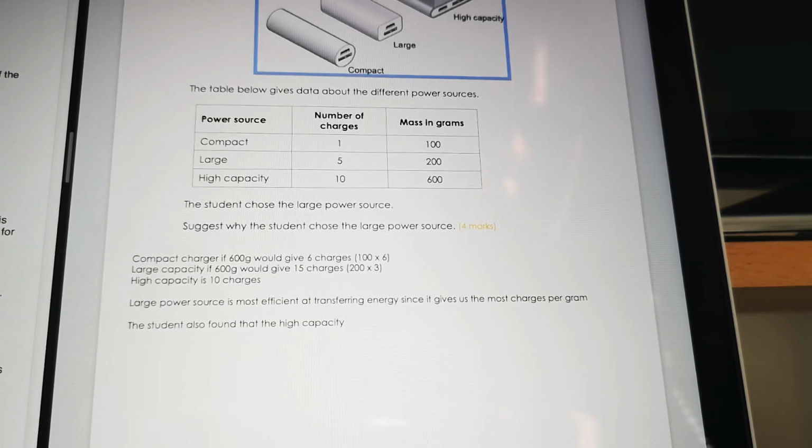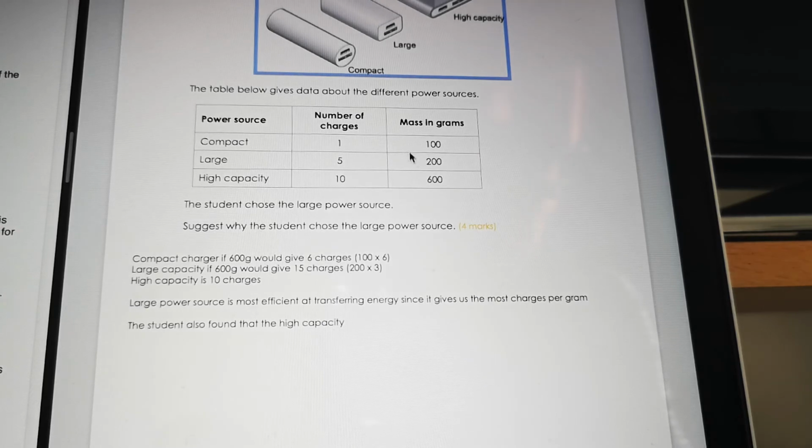Suggest why the student chose the large power source. So you would say something along the lines of, basically what you can do is you can use a ratio. You can use ratios to actually find out what the most efficient power source is for the number of charges. So looking at the compacts, if you make them all the same weight, we can see which is the most efficient one.